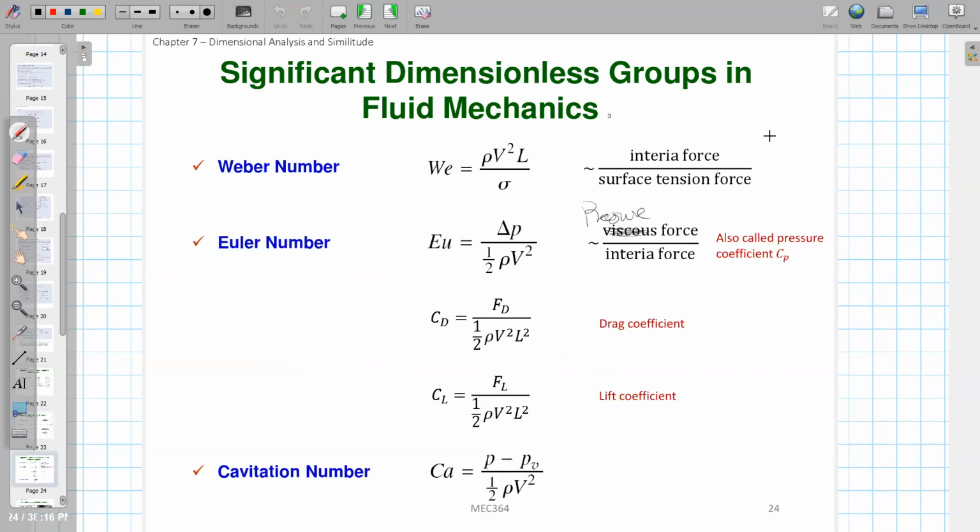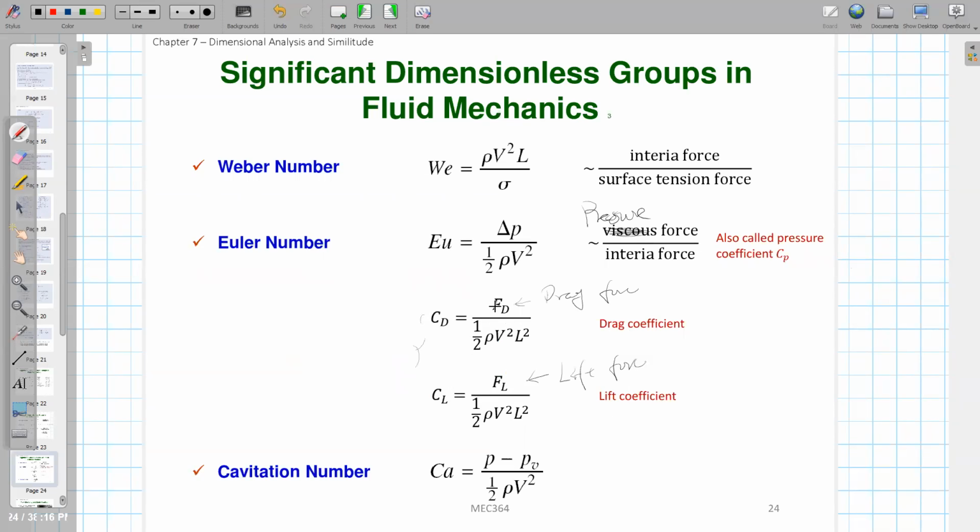And similarly, in aerodynamics, for example for the flow over an airfoil, important things are the drag force, this FD is the drag force, and this FL is called the lift force, right? So you use this drag force and lift force divided by the inertial force, and you get those non-dimensional parameters called the drag coefficient and lift coefficient, CD and CL.